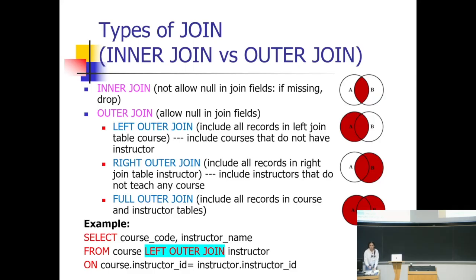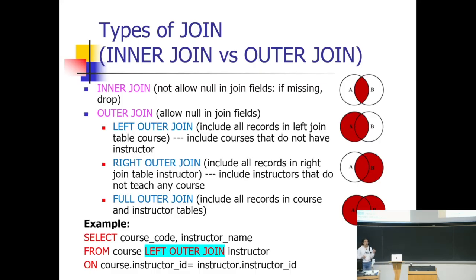So this type of join always returns only the common values between the two tables, right? And it doesn't include any null. For example, consider the student registration example we used since the beginning of this course. If we have students who have not enrolled in any courses, or if we have courses for which we don't have instructors, things like that, it means that we have some null in our database, right?